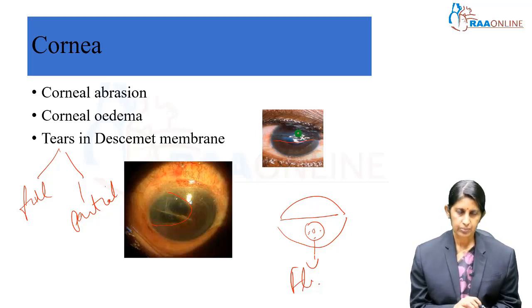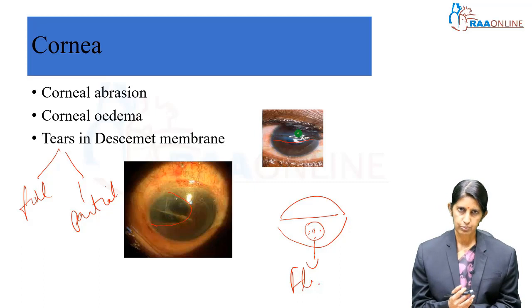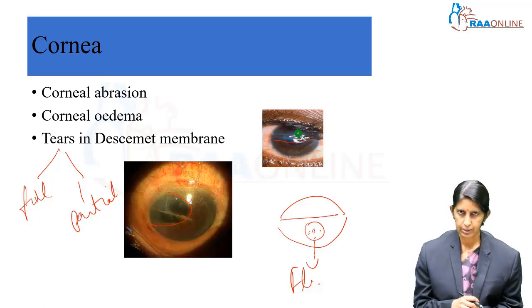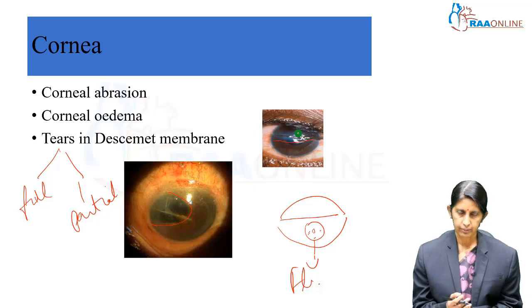So when we see a patient with a corneal tear, first determine whether it is full or partial thickness. Second, look at the underlying anterior chamber, the pupil and the iris. And third, we have to embark on treatment of corneal tears with suturing. Suturing has to be done as soon as possible, and the patient has to be given a tetanus injection because of the history of trauma.